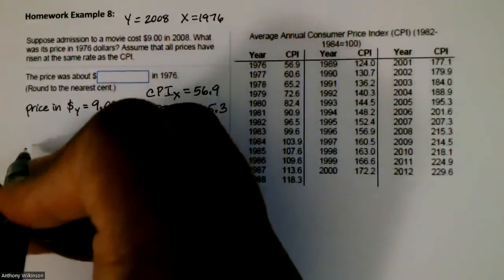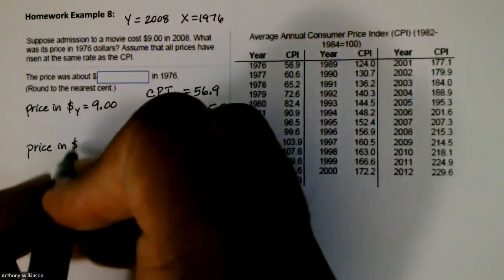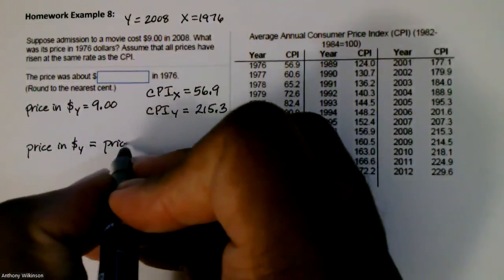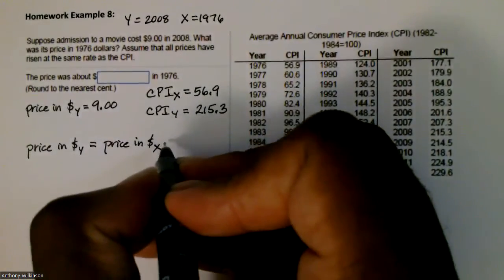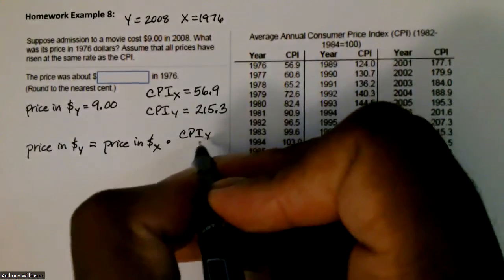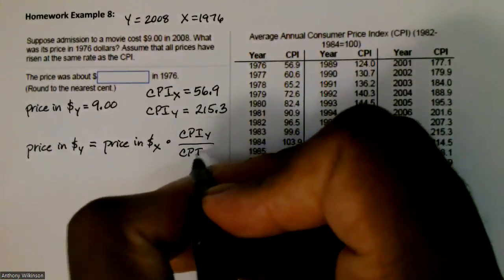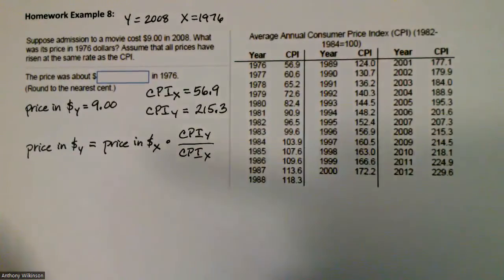And we're still going to use the formula: the price in dollars for Y is equal to the price in dollars for X times the consumer price index for Y divided by the consumer price index for X. Now here's the substitution.